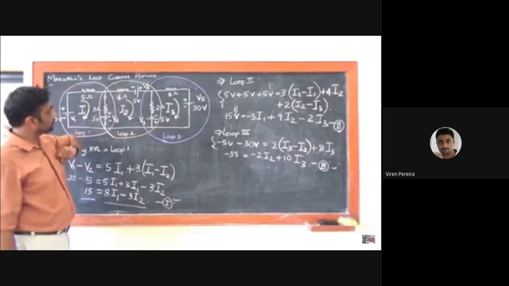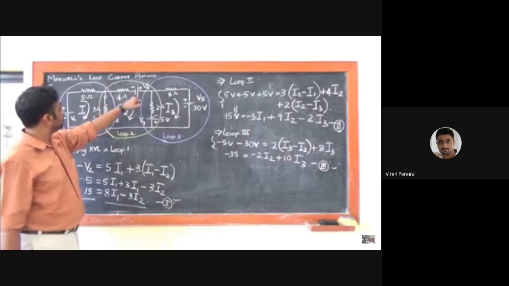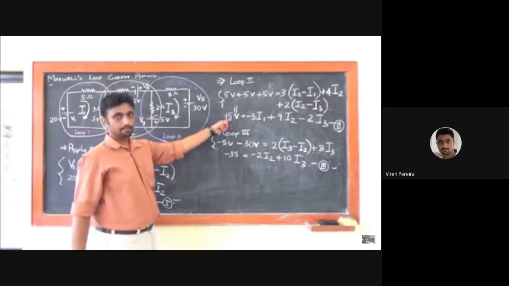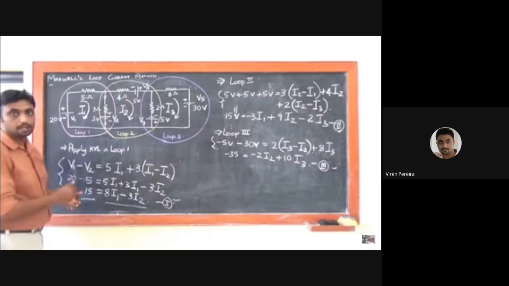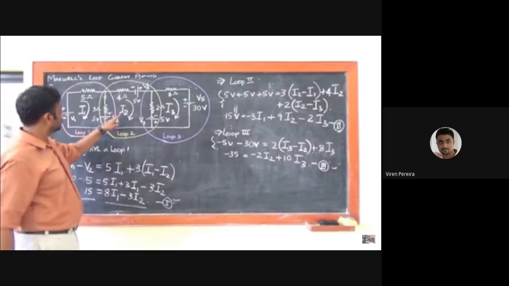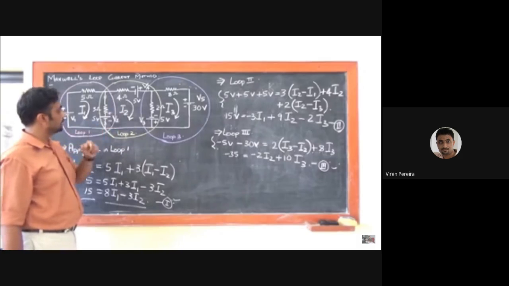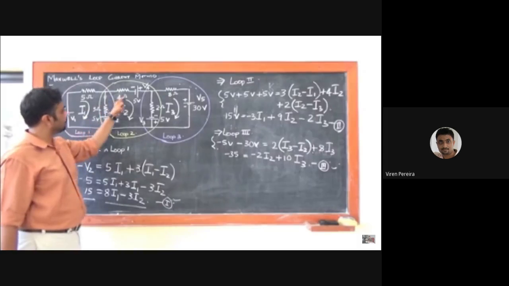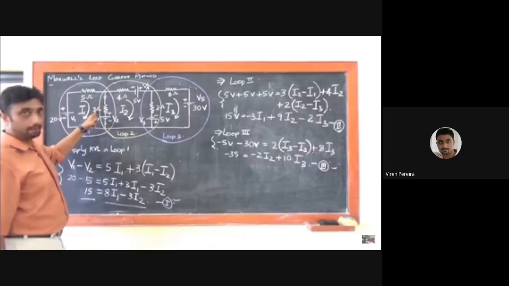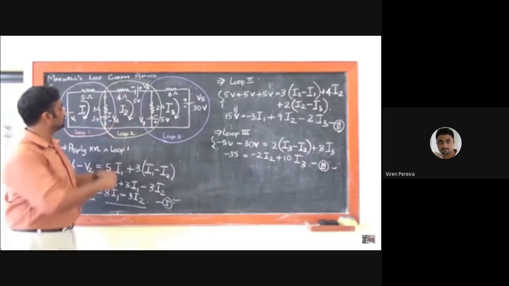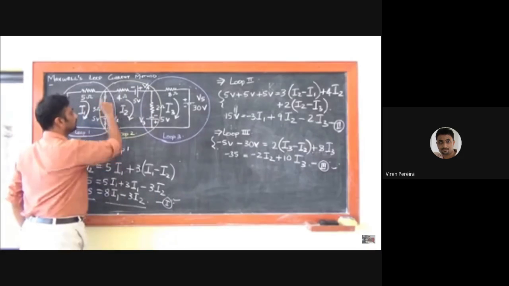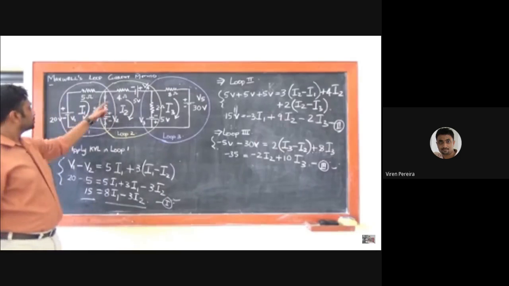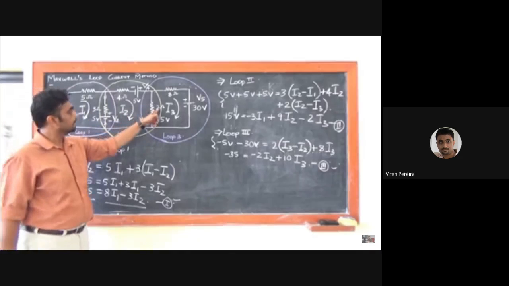So all this is falling in clockwise direction. So we are going to add 5 plus 5 plus... have 9 ohms.